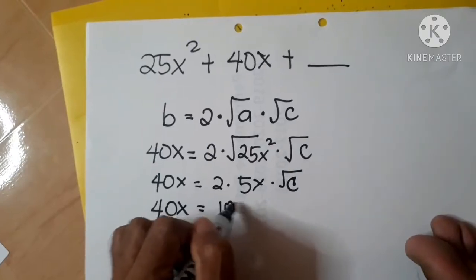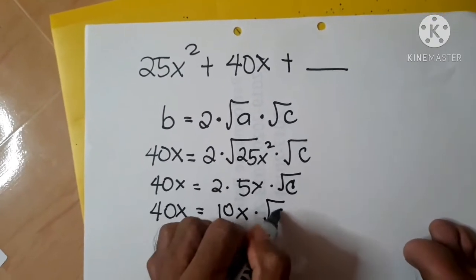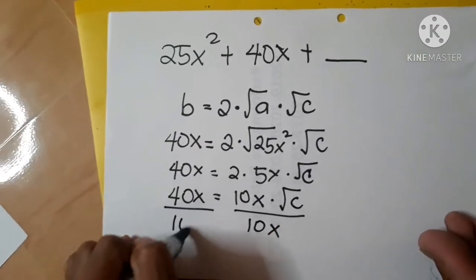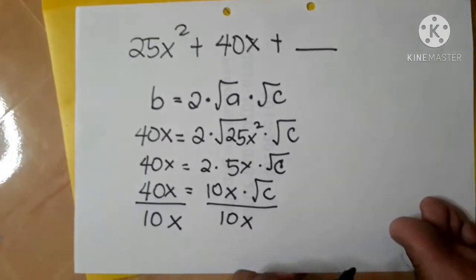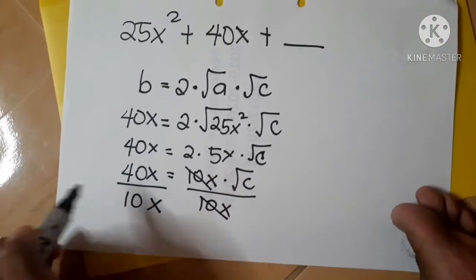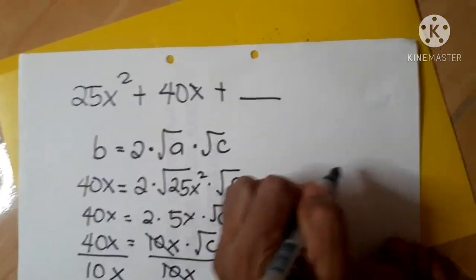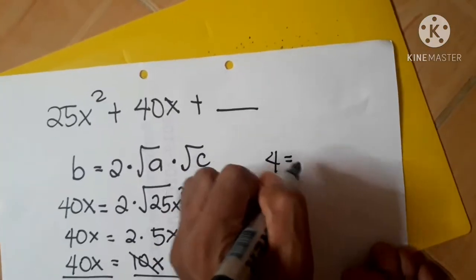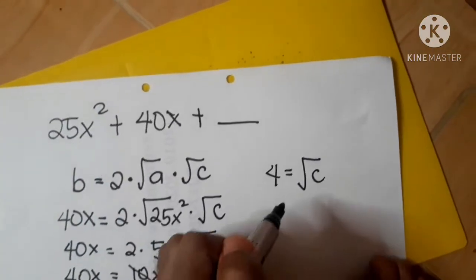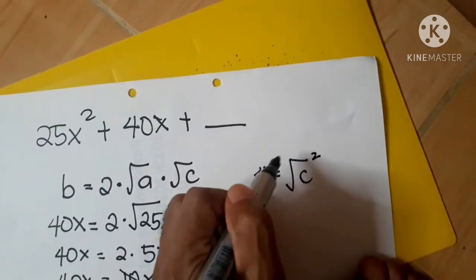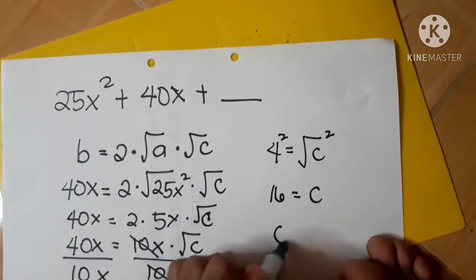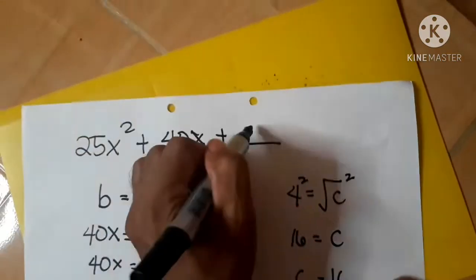We have 10x times the square root of C. Then divide both sides. This is equal to 1. So we have 4, which is equivalent to the square root of C. Since we're looking for C, or the third term, just square both sides. So the value of C is 16.